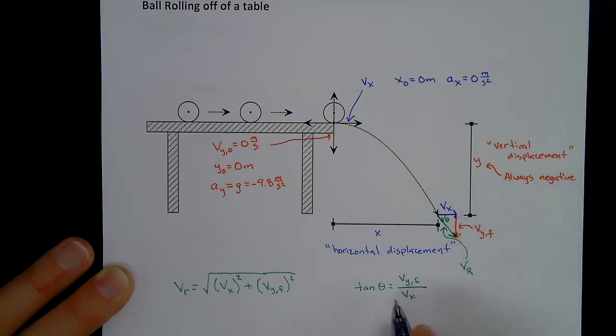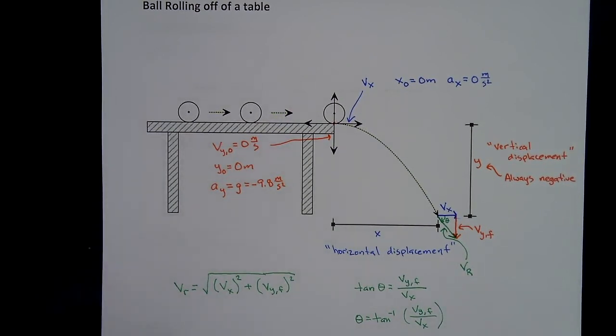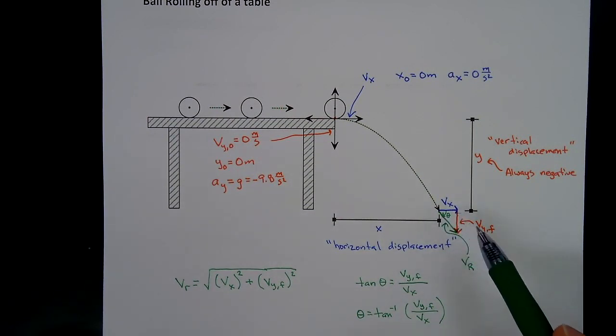And then I could take tan inverse of both sides, and angle theta is exactly tan inverse of the final velocity in the y direction over the velocity in the x direction. A lot of these subscripts, because we want to use v for velocity, and then we have to say there's different velocities, right? There's the resultant velocity, and then there's the horizontal velocities and the vertical velocities, okay?